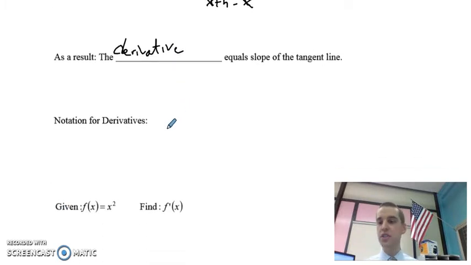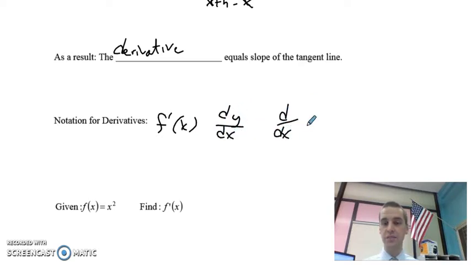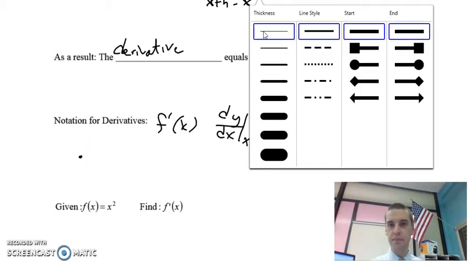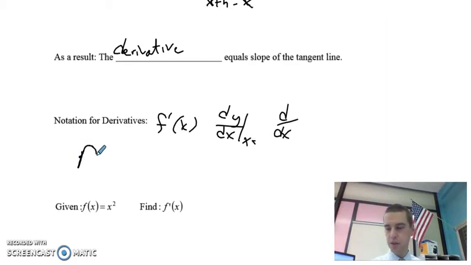And so just some different ways we can write the derivative. F prime of x, dy over dx, sometimes it's just d over dx. We can talk about that being at a certain x value right there. Sometimes it can be like this. That's not one we see. Just so you guys know, this is Leibniz notation.